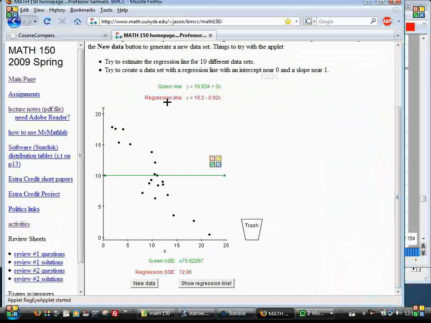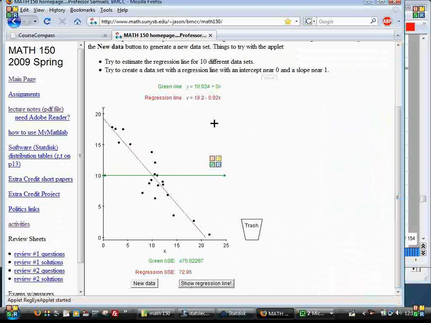So here's the regression line. You look at the equation, what is the y-intercept? It's 19.2. Can you see how that's the intercept for the red line? The intercept, which is where it hits the y-axis, is 19.2.